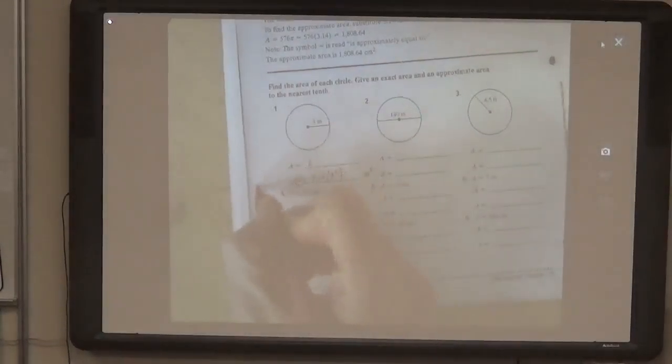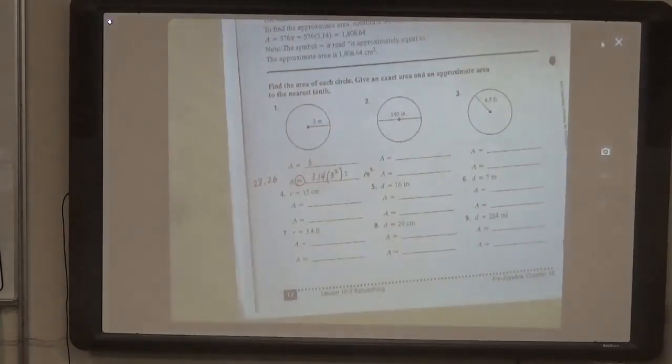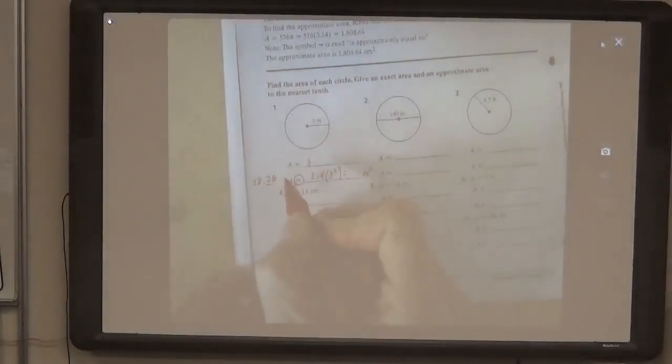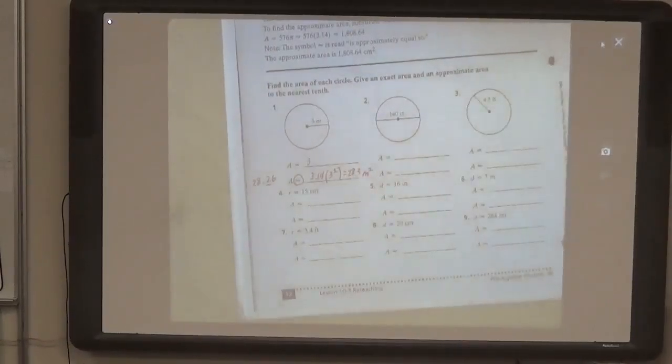Which we have to round to what? The nearest tenth. 29.3? The nearest tenth. 28 point, and there's the tenth. 0.3. 28.3.